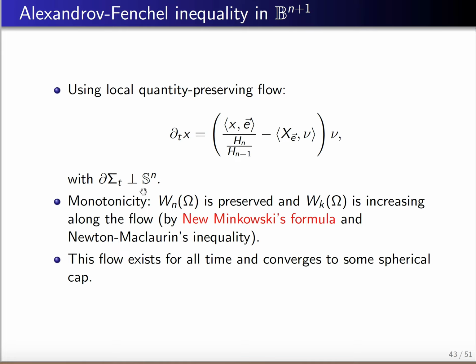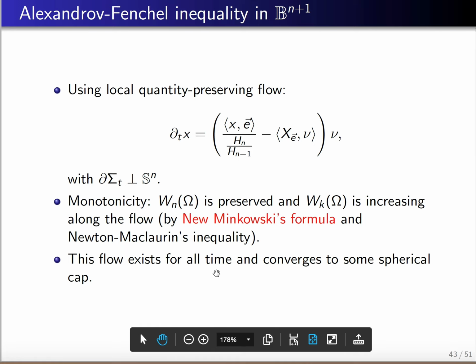Okay, the boundary of sigma t is perpendicular to the sphere, and we can prove the monotonicity, that Wn is preserved and Wk is increasing along the flow by our Minkowski-Hsiung formula. Okay. So this flow exists for all time and converges to some spherical cap, and this is the main analytic result we need to prove for this flow.